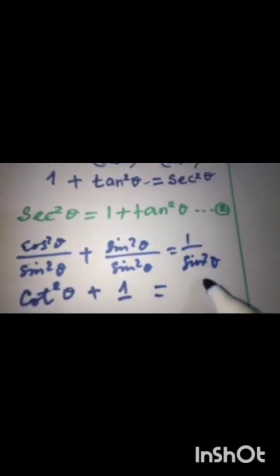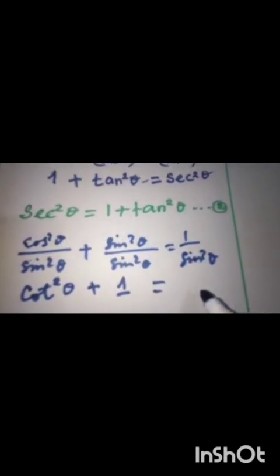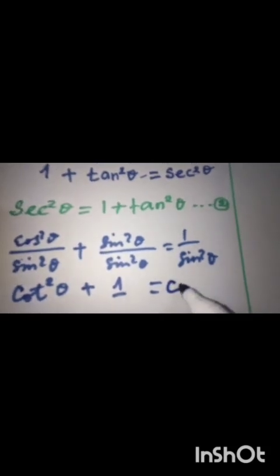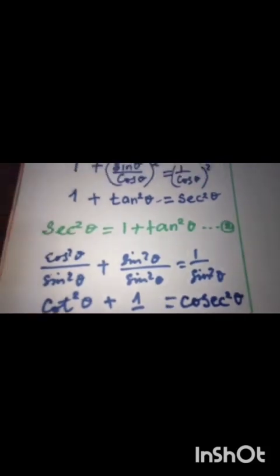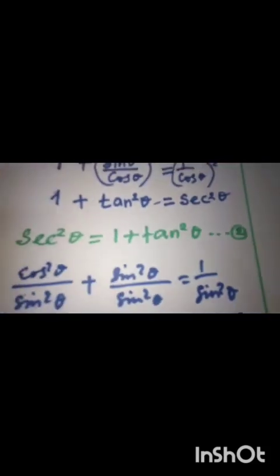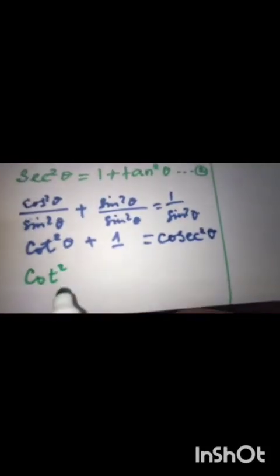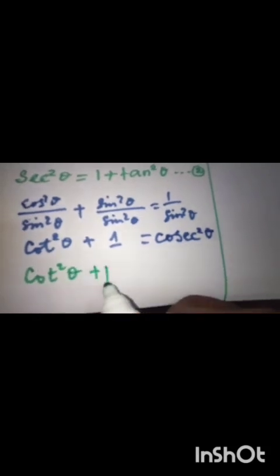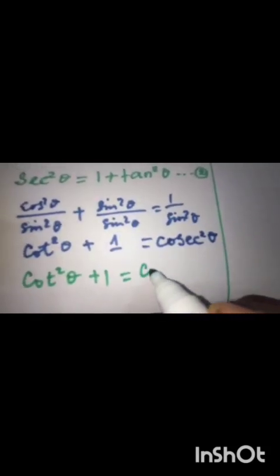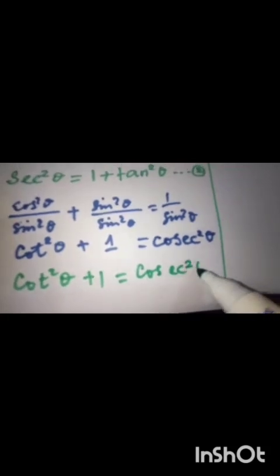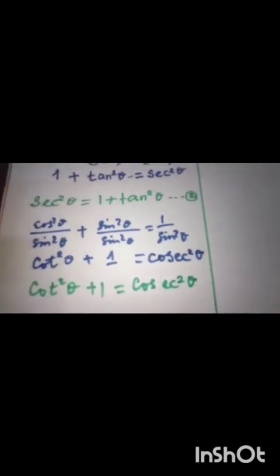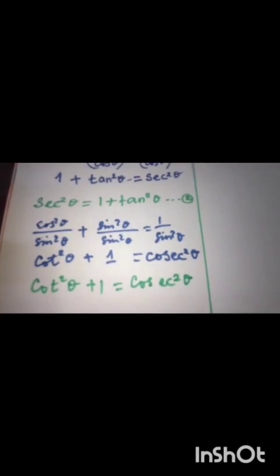And 1 divided by sine, the trig ratio 1 over sine, is cosec. So we have cosec squared theta, which gives us the third Pythagorean identity: cot squared theta plus 1 equals cosec squared theta.